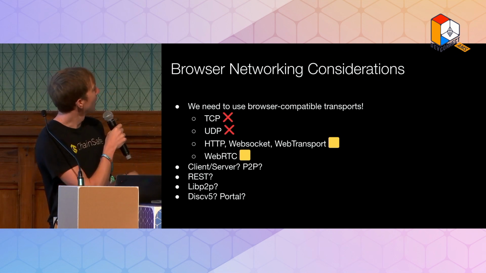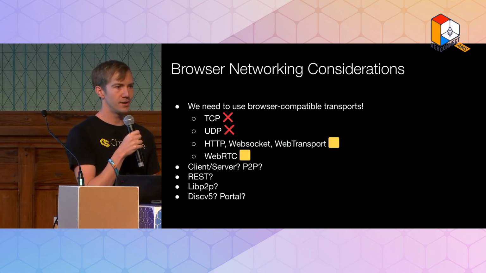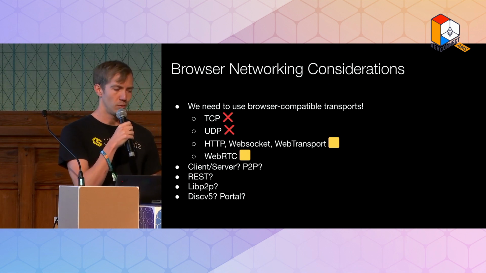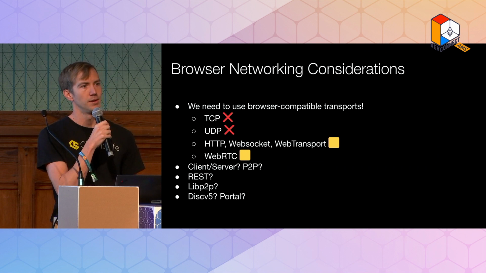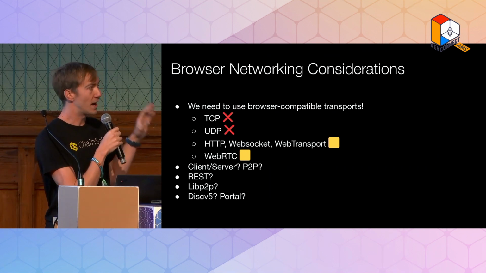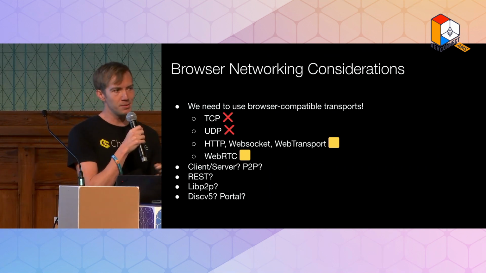And then there's WebRTC, a web-specific peer-to-peer protocol. I also have this as a yellow dot because this can work, but there are a lot of caveats to actually making this practical. You may need a signaling server.